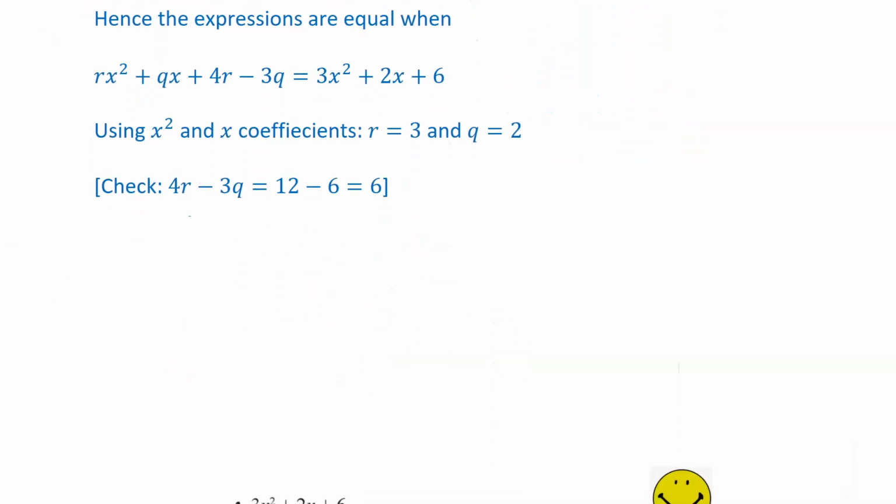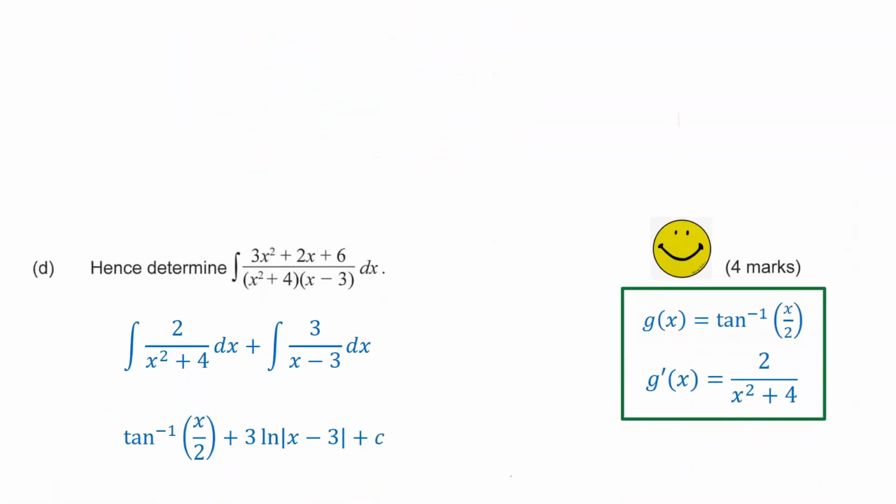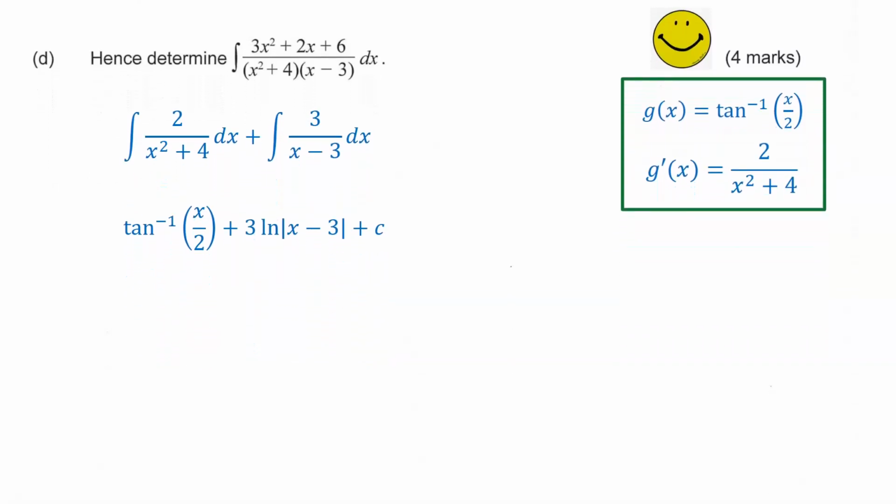Then we're going to scroll on down, and there's a massive amount of white space to carry on there, and then we kind of squash D into the bottom third of the page. Anyway, our job now is to determine the integral of the function that we just split into partial fractions. And if you did part B correctly, then this is going to be a dream, because basically we spot that we're just anti-differentiating the inverse function here.